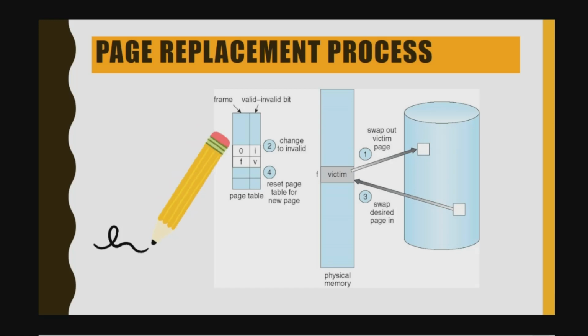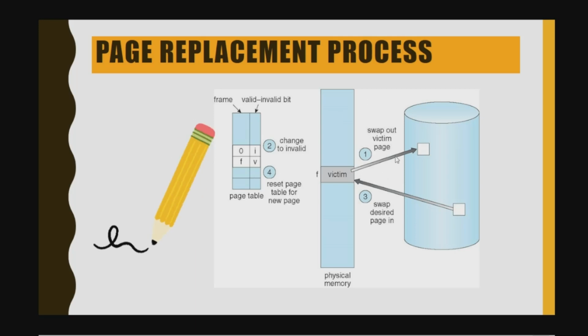So for the page replacement process, here we have the page table, you can ignore this pencil. We have the page table, the same part, we still have the physical memory, and we have the disk here. Frame refers to this column, valid and invalid refer to this column. Based on step number 1, this one is the victim, the one that we want to use.